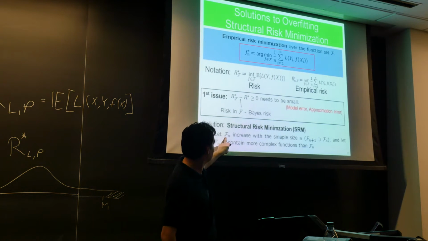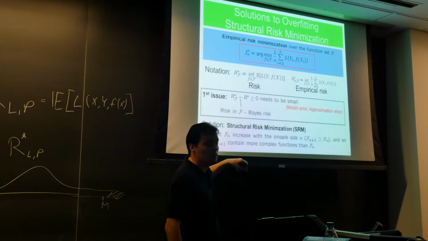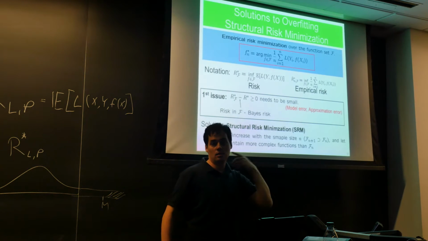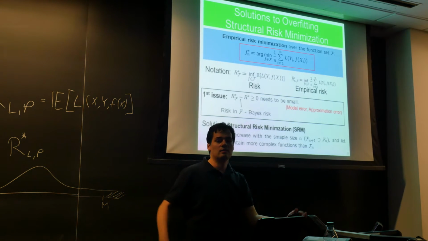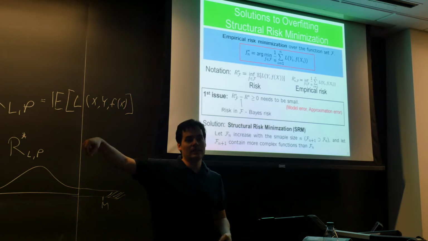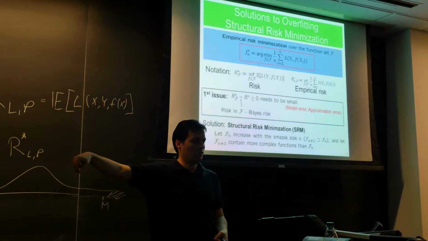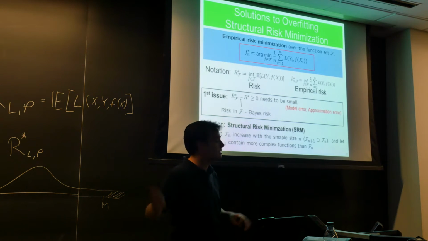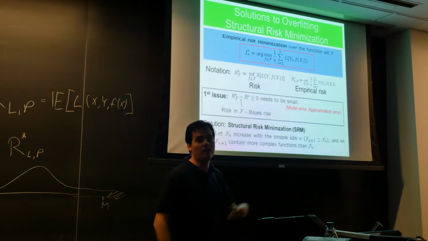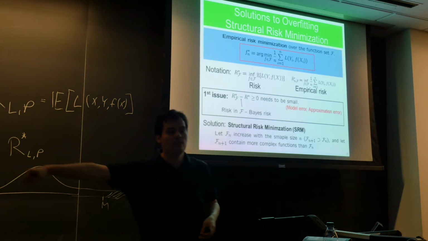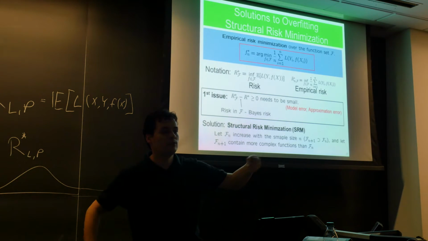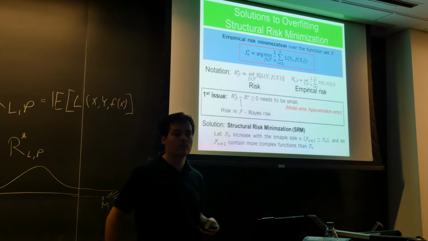So let F_n mean a predefined function class when your training size is n. For example, just as an example, let F_n be n-order polynomials. So as you have more and more training points, you would increase the complexity of the functions that you would consider.